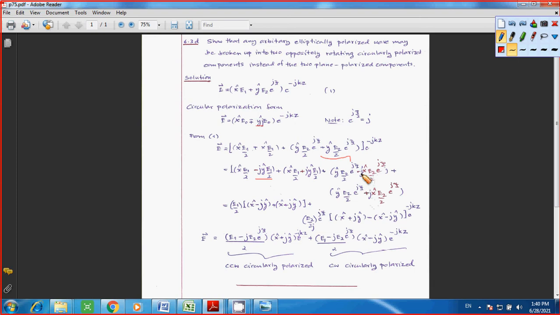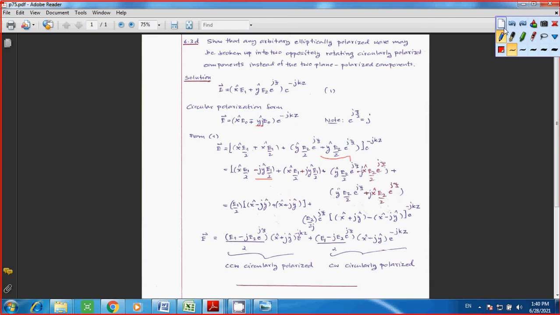So I have a negative j. I want the coefficient to be E2 over 2. So I have E2 over 2 here, and when you add negative j unit vector x E2 over 2 exponential j psi, you need to plus j unit vector x E2 over 2 exponential j psi.